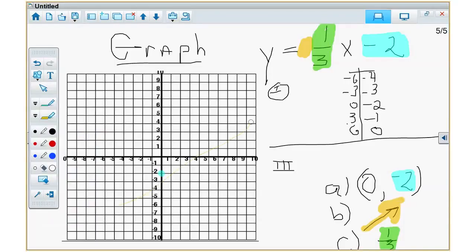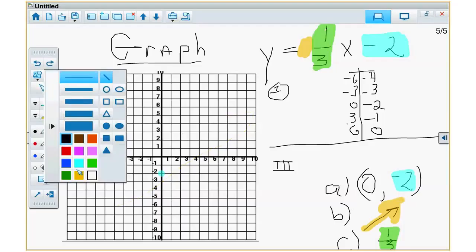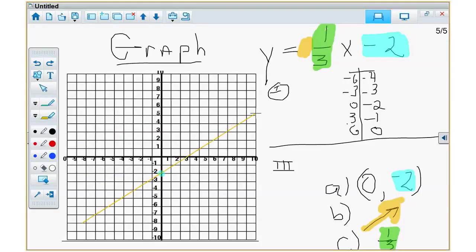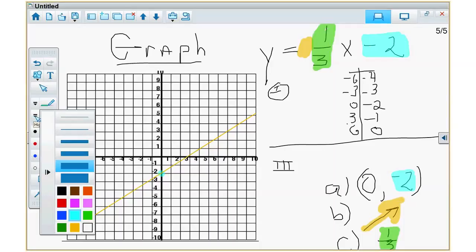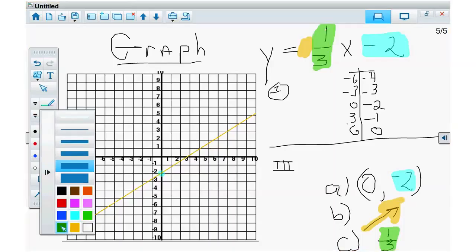Left to right, what? Well, that's not right. And now 1/3. I'll take my green marker.